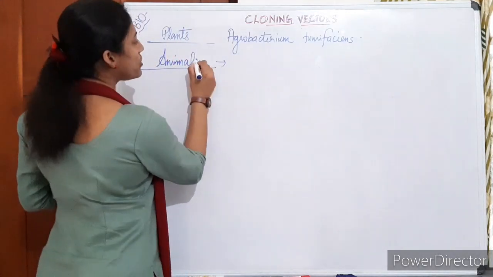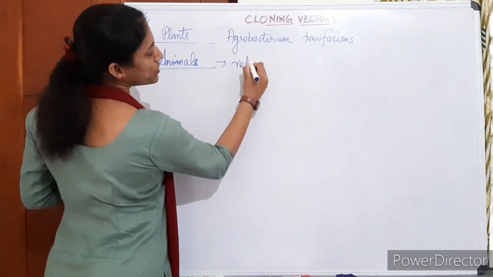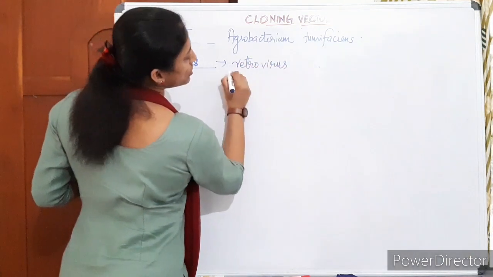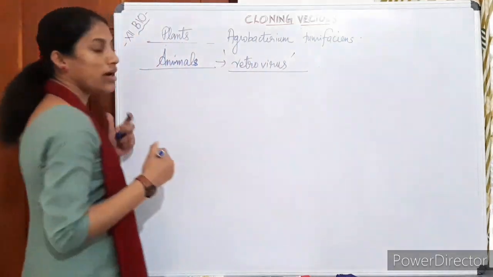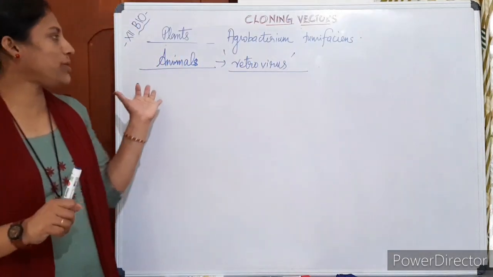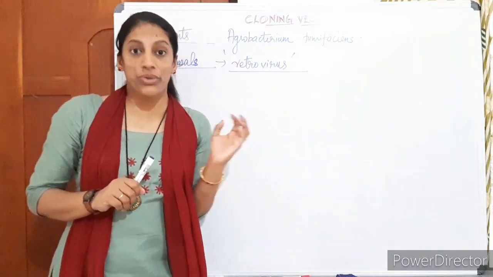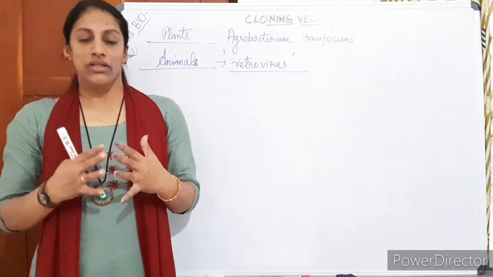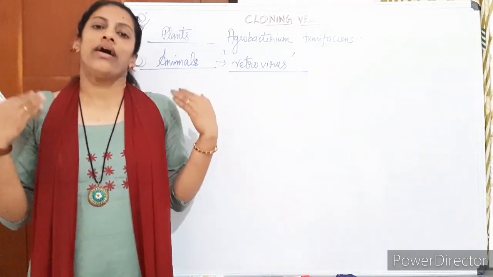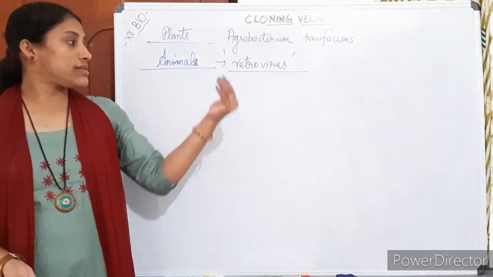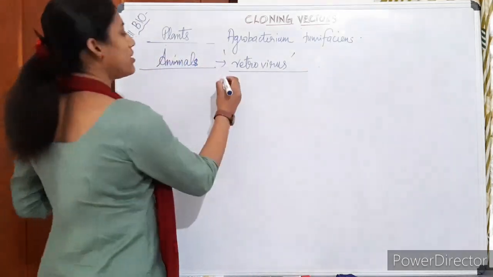Then, in order to deliver to animals, we are using retrovirus, which can also produce tumorous growth in animals, not in plants. So in order to deliver a gene of interest to animal cell or the animal body, what we should use? An organism which can produce tumorous growth in animals, that is nothing but retrovirus.